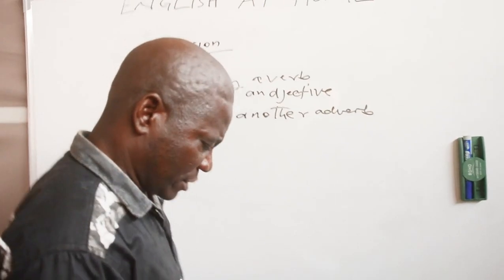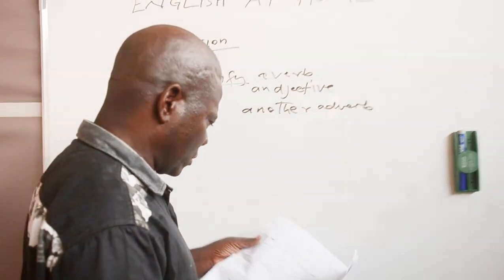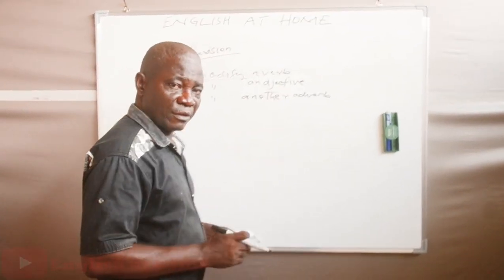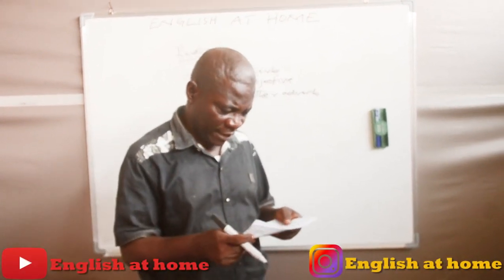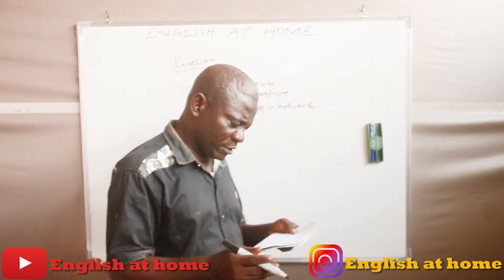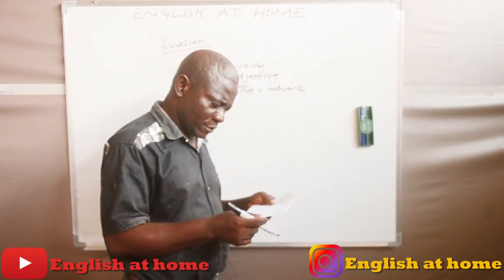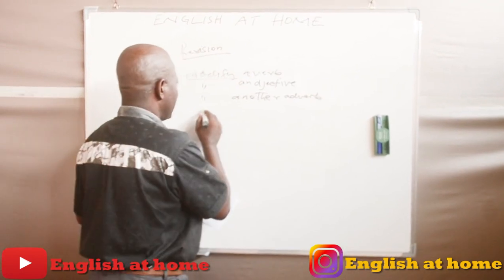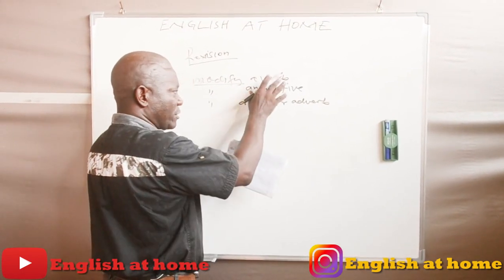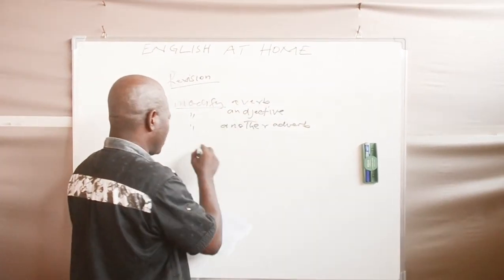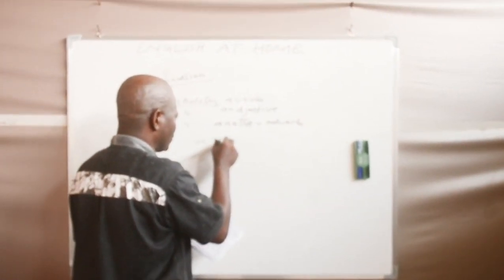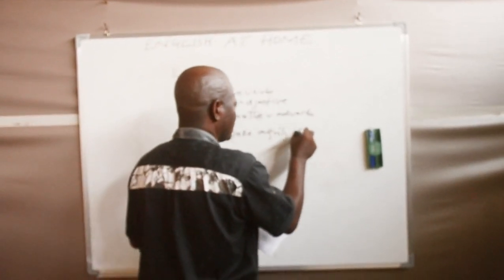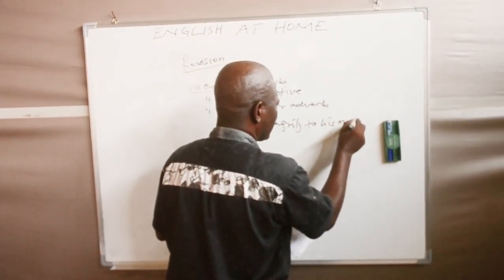We used some sentence examples to actually show what we mean in the definition of an adverb. We have sentences like, he spoke angrily to his mother. My sister is very beautiful. You understand English quite well. So we saw those sentences trying to agree to the definition. Number one, he spoke angrily to his mother.